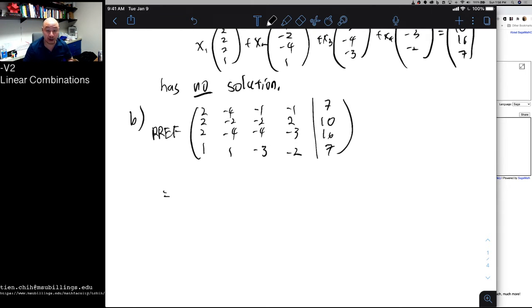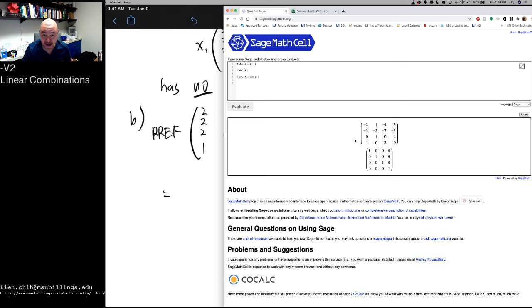So we'll break out technology as one does in such cases, and let's go ahead and enter in 2, minus 4, minus 1, minus 1, 7. That's my first row.